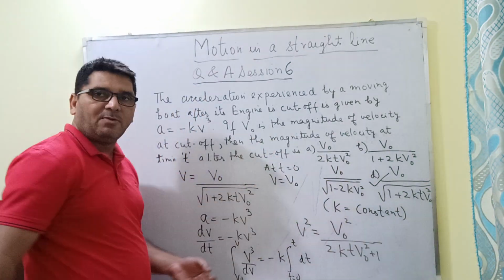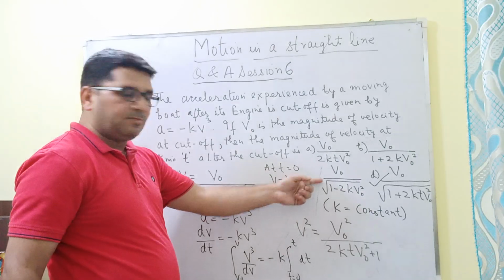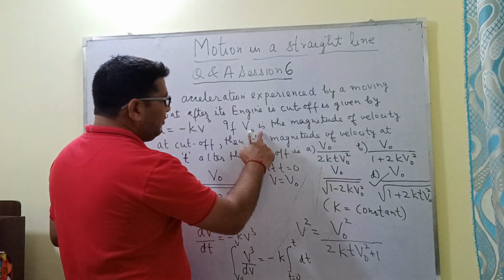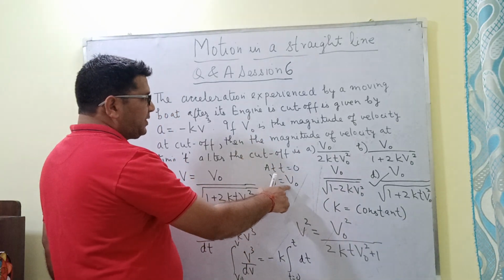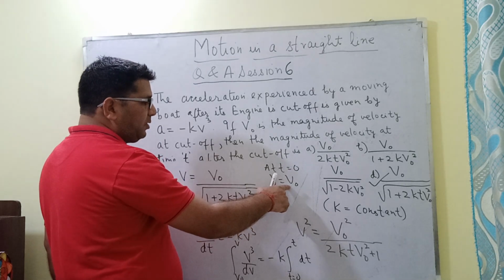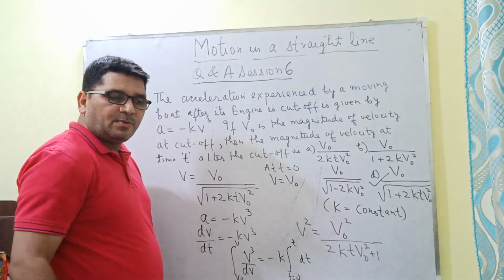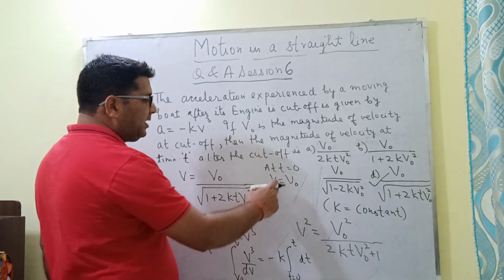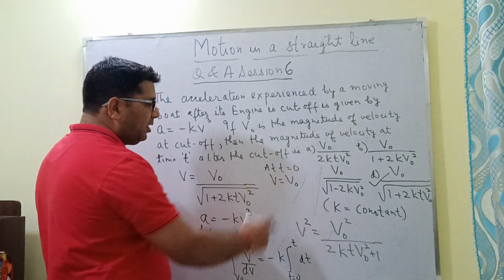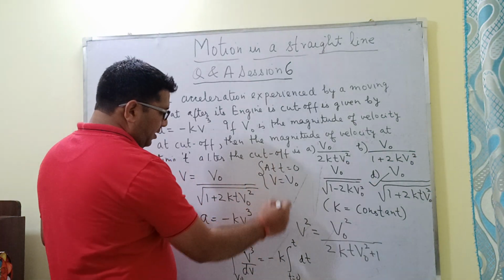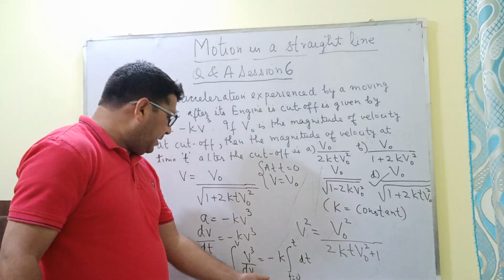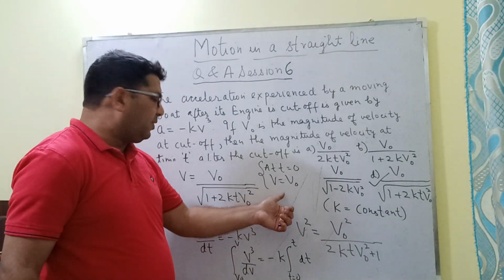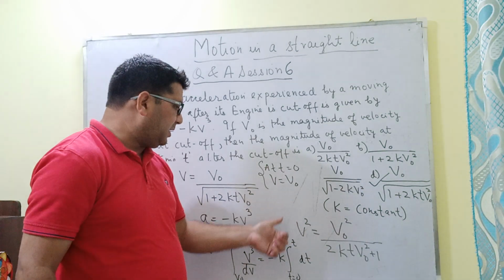This was a thing which we have already assumed, that when the engine was cut off, the velocity was equal to v naught. So at the time when the engine was cut off, we have taken the cut off time as t is equal to 0. So putting these conditions while integrating this equation, we were able to find the value of the constant of integration.